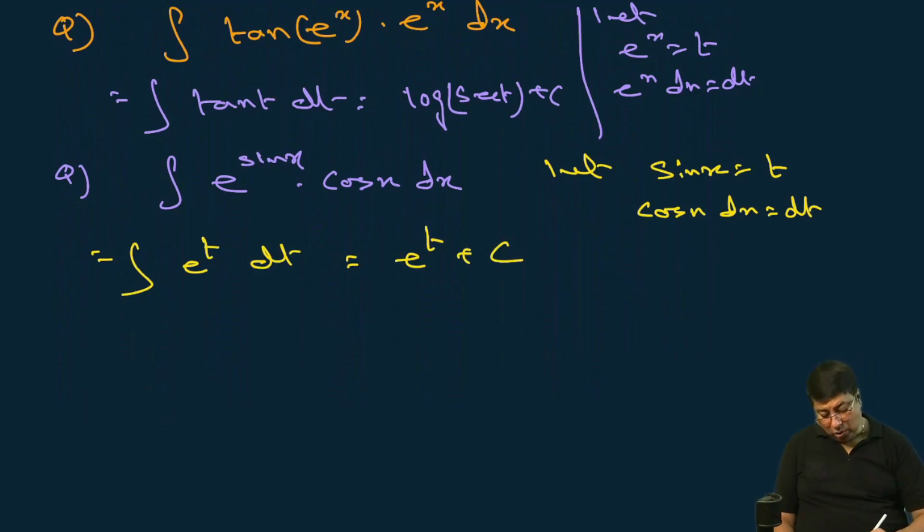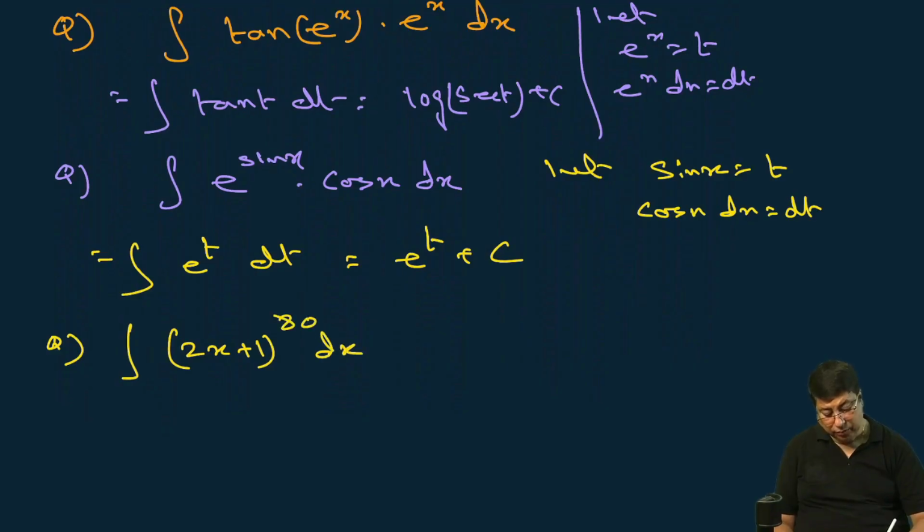Right? One more question. Suppose it is 2x plus 1 whole to the power 80. Here it is a single power of x. Since it is a single power of x, its derivative is 1, so nothing needs to be replaced. Simple: whatever is there, 2x plus 1 equal to t.